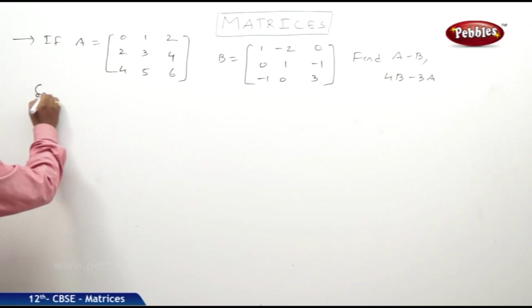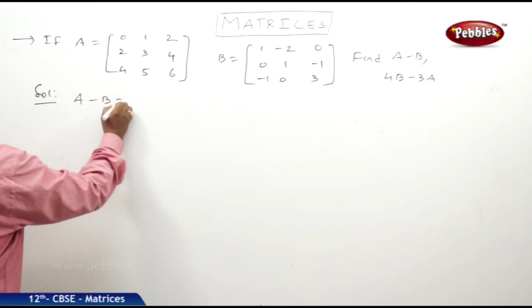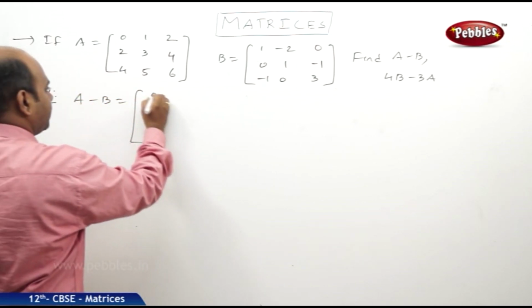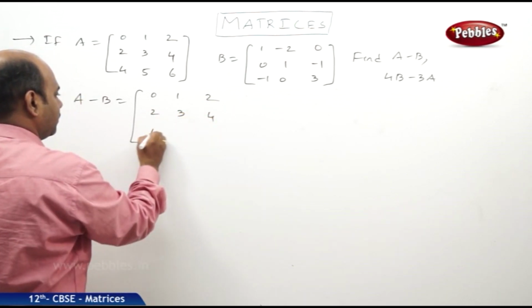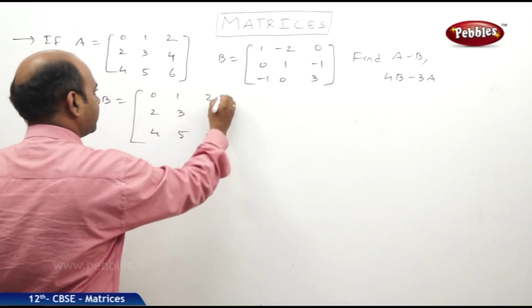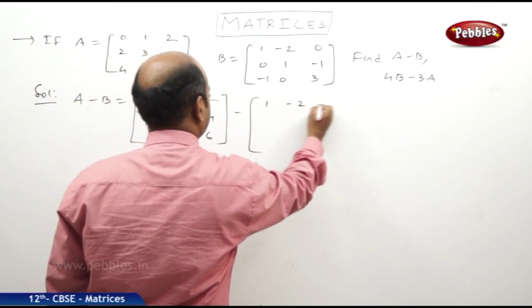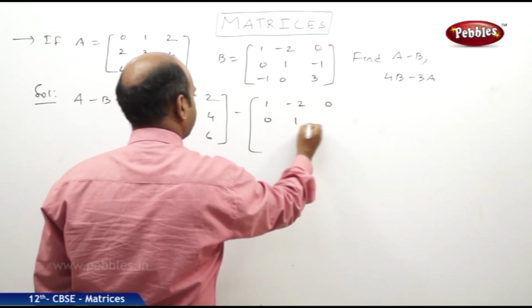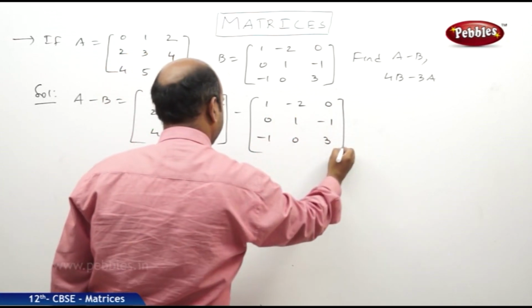So what happens? A minus B means here I need to write the matrix 0 1 2, 2 3 4, 4 5 6 minus B. Minus B means 1 minus 2 0, 0 1 minus 1, minus 1 0 3.